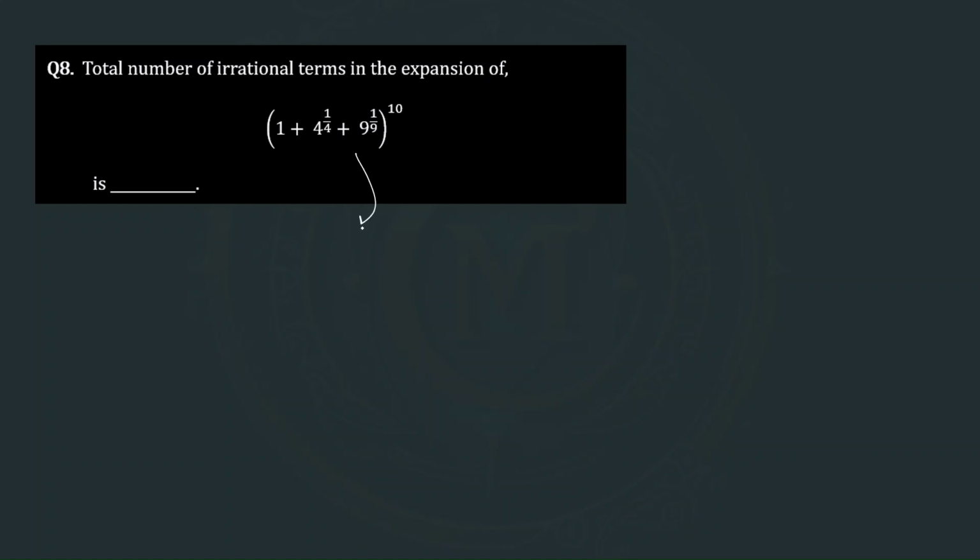So we can write the general term of this expansion, which is 10 factorial upon p factorial, q factorial, r factorial, then 1 to the power q, 4 to the power 1 by 4 whole to the power q, then 9 to the power 1 by 9 whole to the power r, where this p plus q plus r is equal to 10.